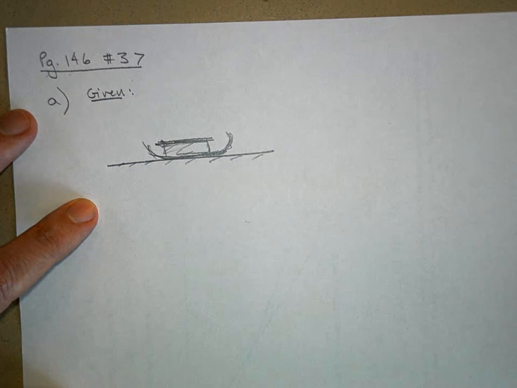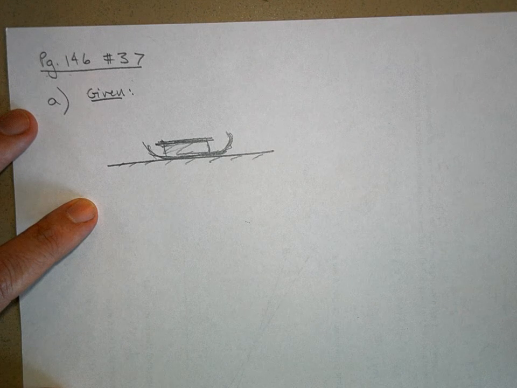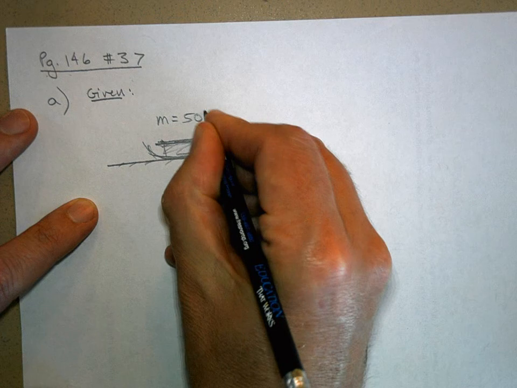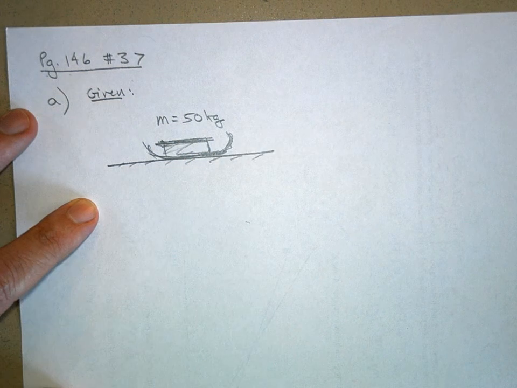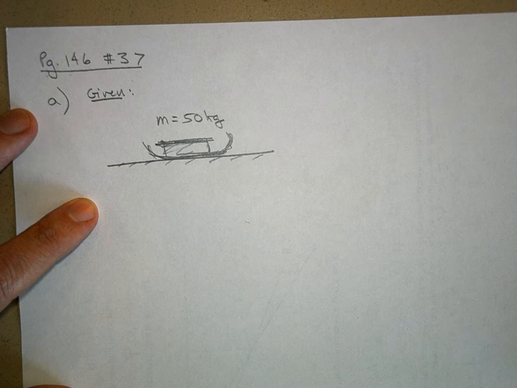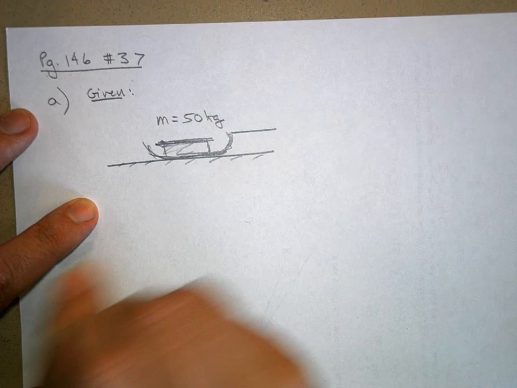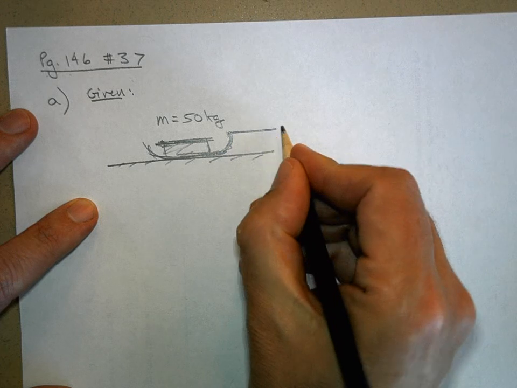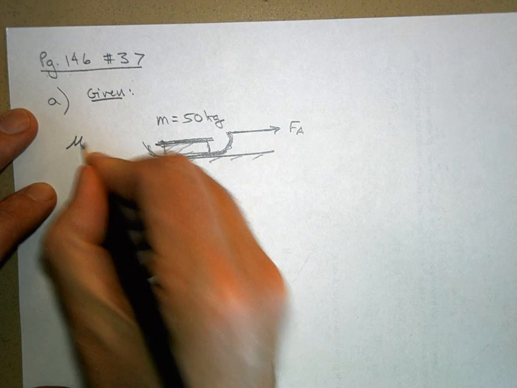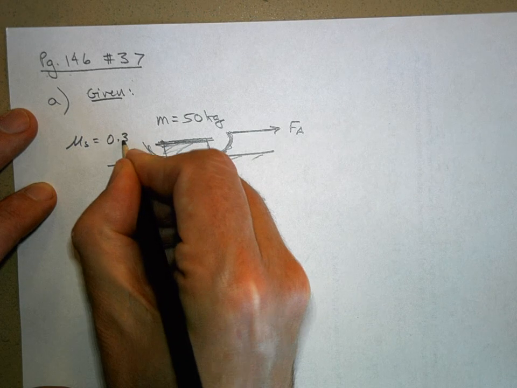And it said the mass of the sled is 50 kilograms, and it's pulled along a flat. So actually this is being pulled along, so we've got some applied force like this. Now the static coefficient of friction is 0.3.